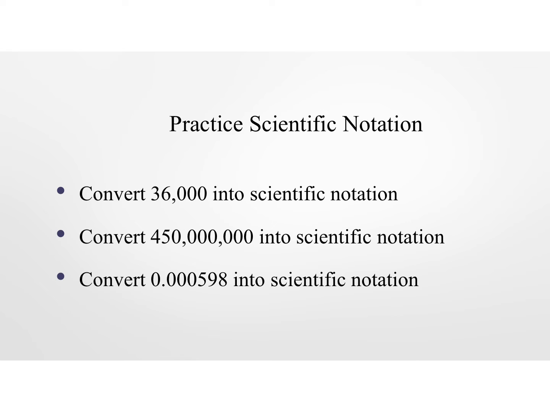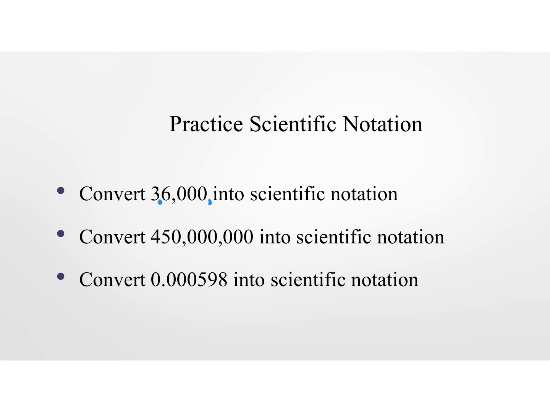I just want to practice converting numbers into scientific notation. The first one we'll convert is 36,000. In 36,000 there's no decimal point, but if it's not shown, where is it implied to be? It's implied that it's at the end. When we convert a number into scientific notation, you have to move the decimal in between the first 2 non-zero digits.